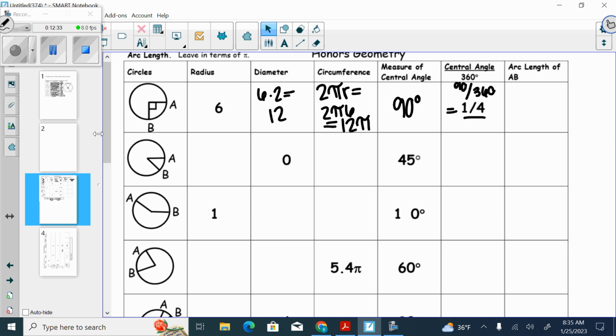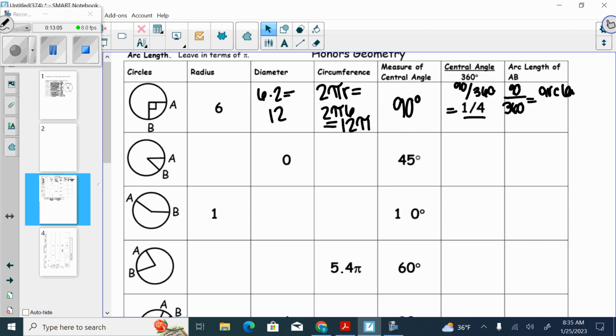So then the last thing they want is the arc length for AB. We said that to find that, we use that formula we wrote at the bottom, right? Which was central angle. What's our central angle? 90, right? Over 360. So 90 over 360 was equal to arc length. That's the part we don't know, right?